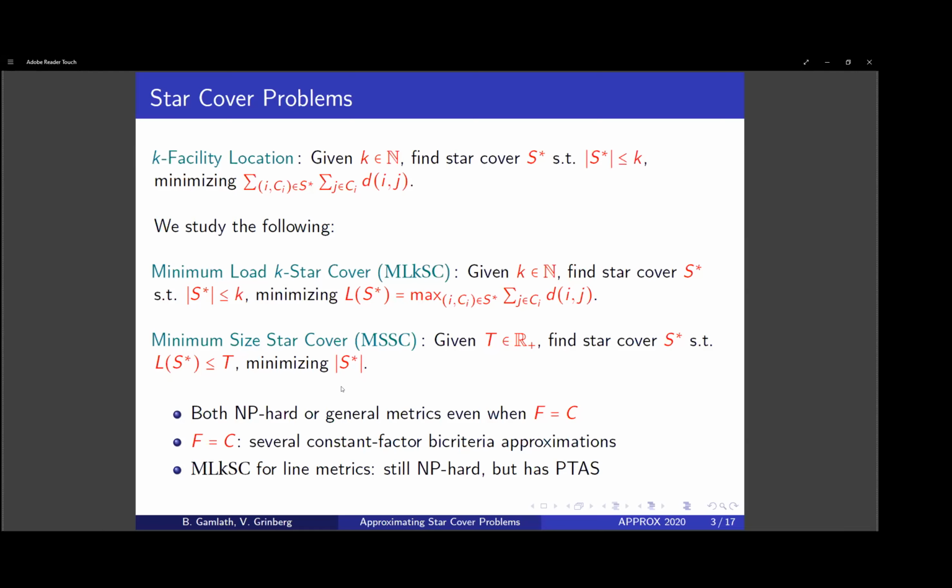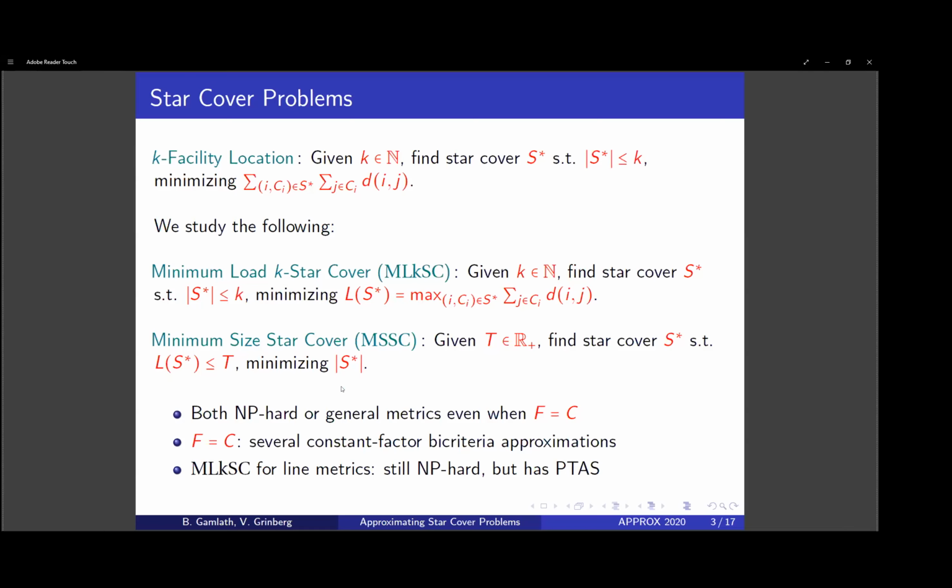In this case, there are several constant factor bicriteria approximations by Ivan et al. and by Ahmadian et al. For the special case where the metric is a line metric, it has been shown by Ahmadian in 2016, I believe, that it is still NP-hard, but they provided a PTAS, which is quite a non-trivial algorithm. But it's for the case where the sets of facilities and clients are the same.